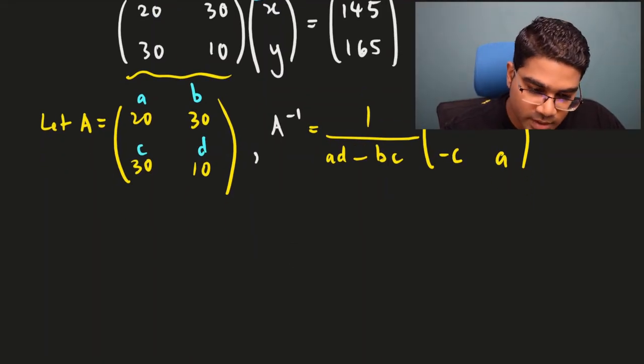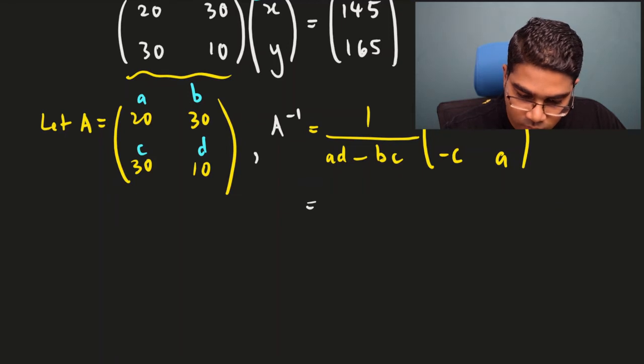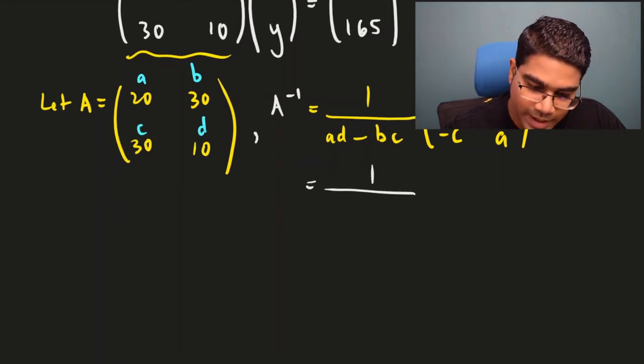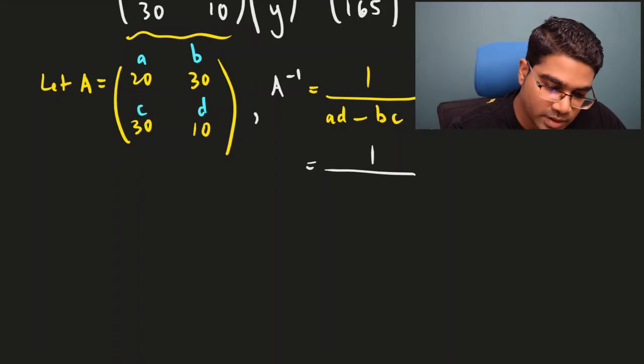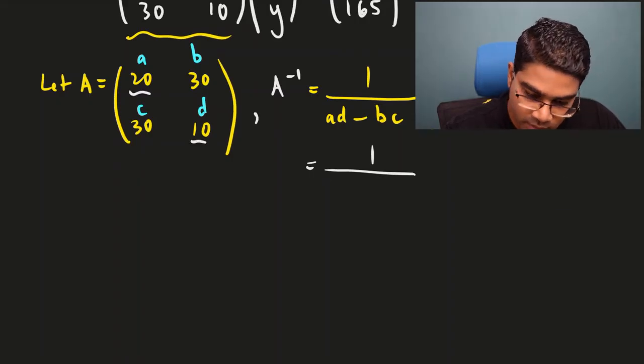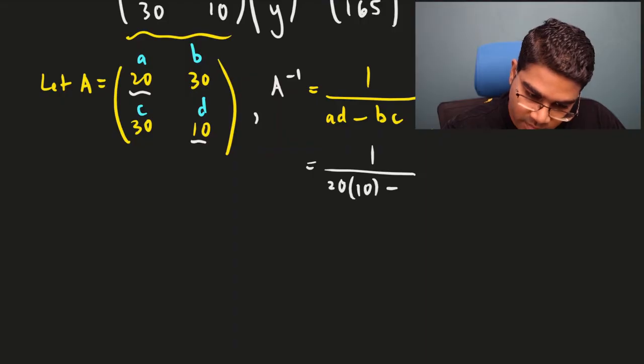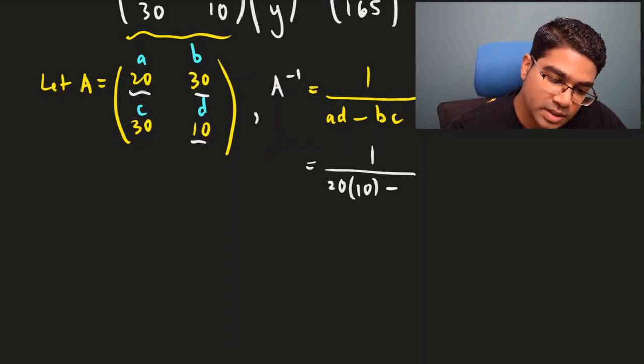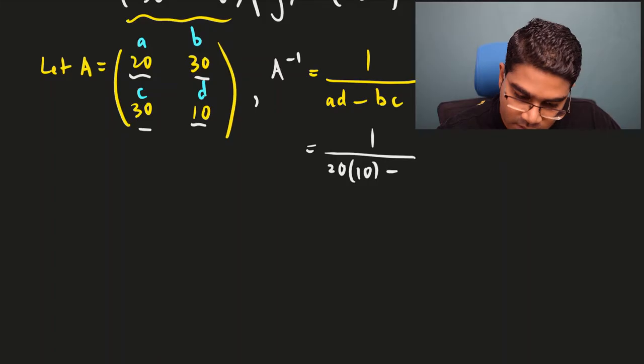So this is equals to 1 over AD, which is A times D, so that will be 20 times 10, minus B times C. So this is 30 times 30.